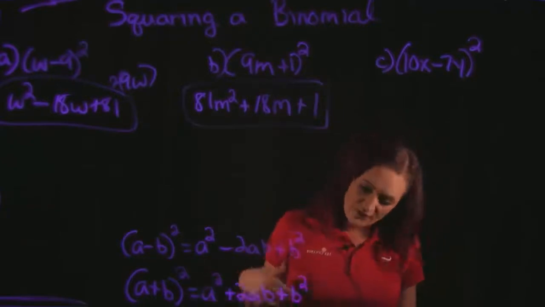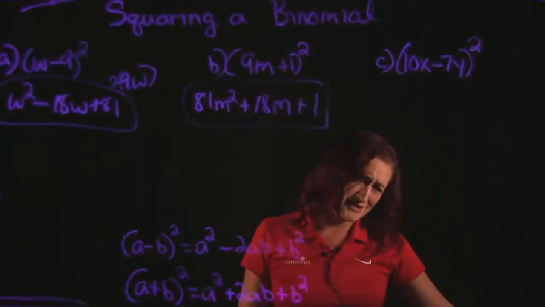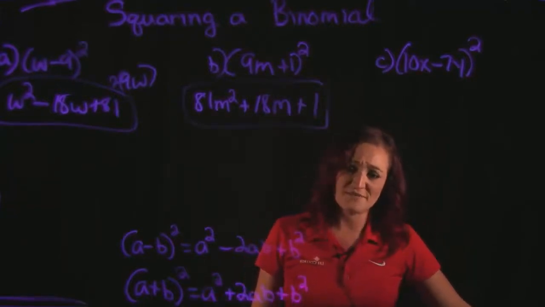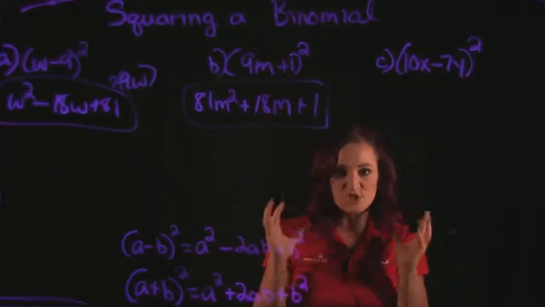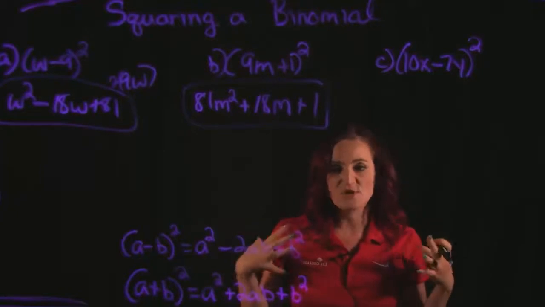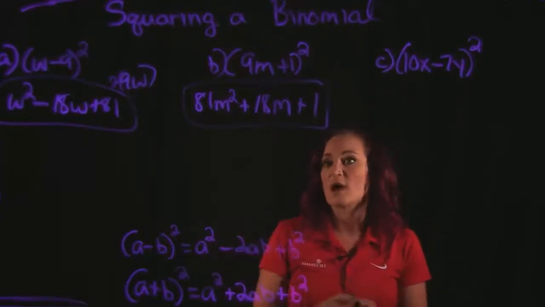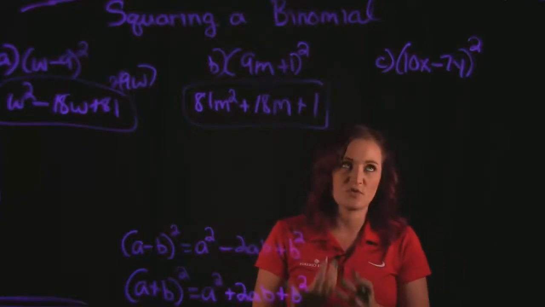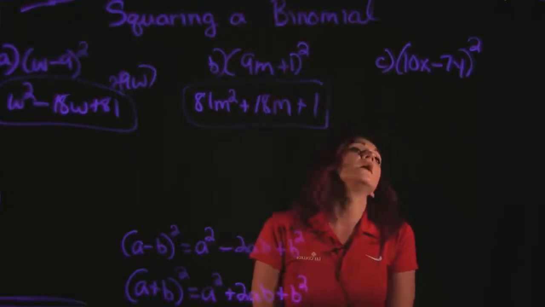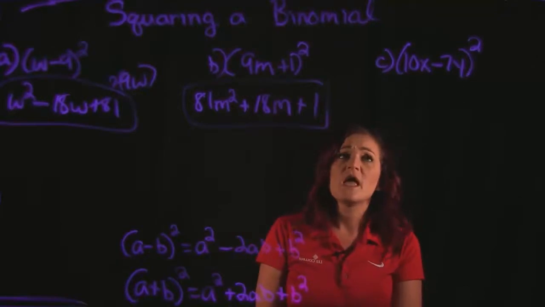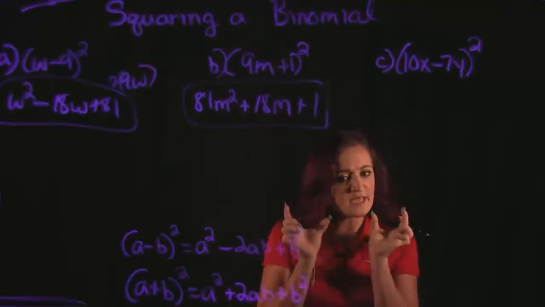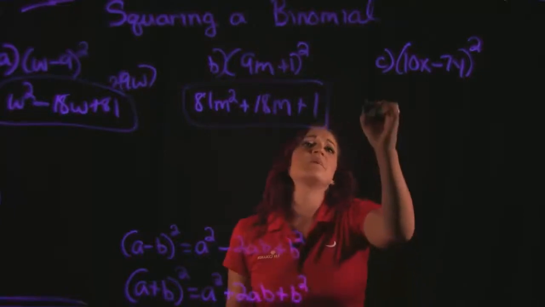Now, I always say if you don't have to memorize a formula, why do so? There's so many formulas in math, and having to memorize more and more formulas can sometimes really crowd your head and become a little bit difficult to figure out which formula you need to use with which particular problem. Now, another way that you could look at these examples without using the formula is just remember that this binomial squared, you're taking the same binomial times the same binomial.